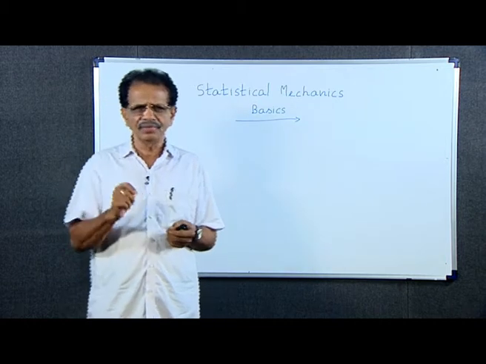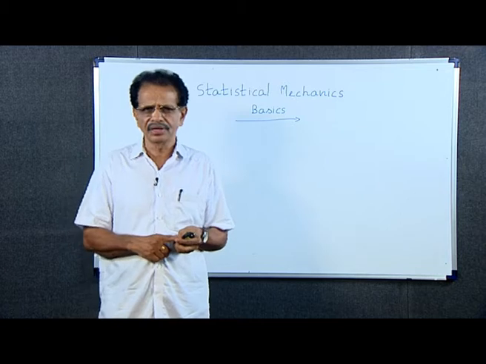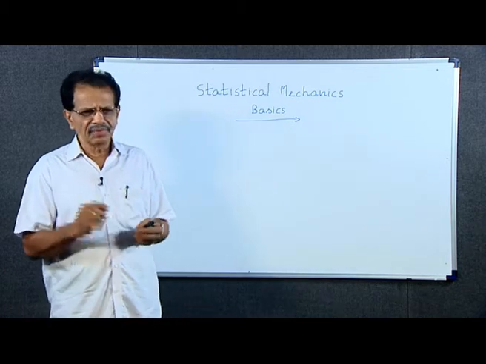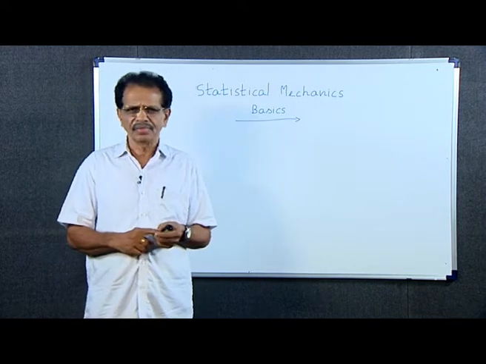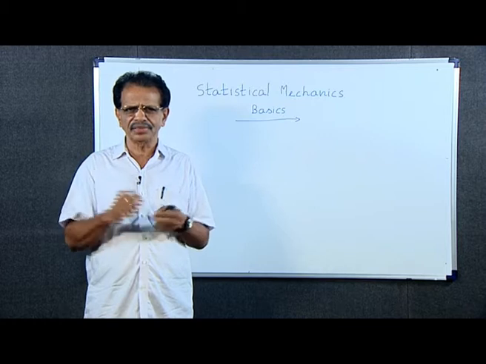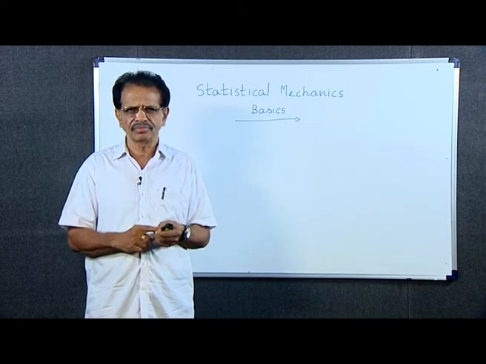So, we will be starting with a concept which is called the statistical weight of a system. When we talk about a macroscopic system, we have to define certain parameters or certain properties.